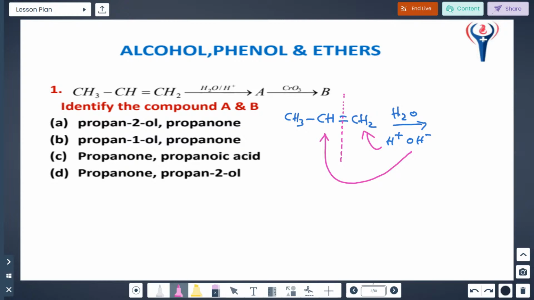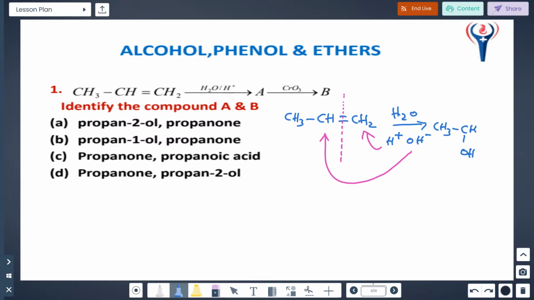Now what is the product obtained here? OH goes here, CH3, CH, OH. When we add any groups, the double bond becomes a single bond.